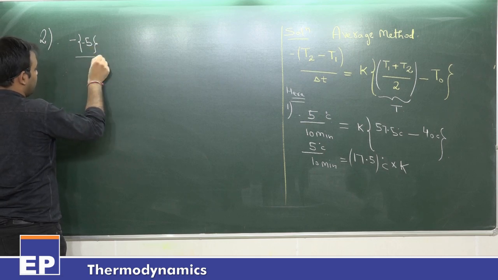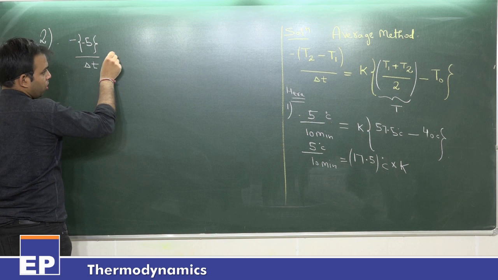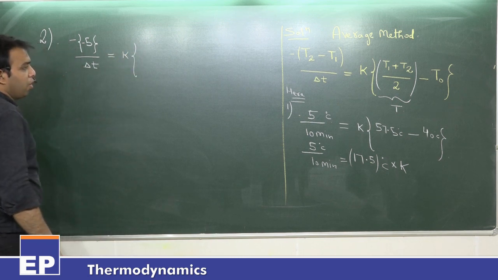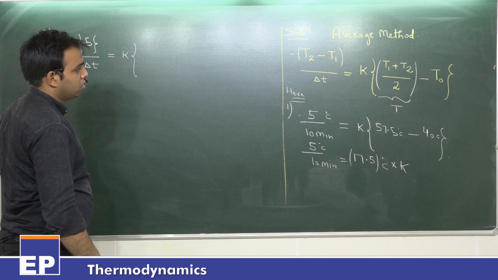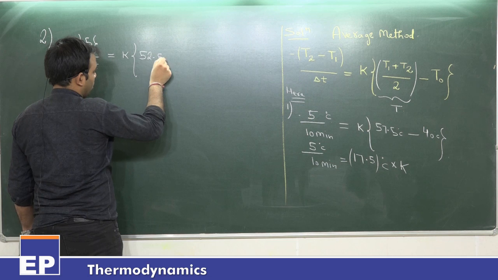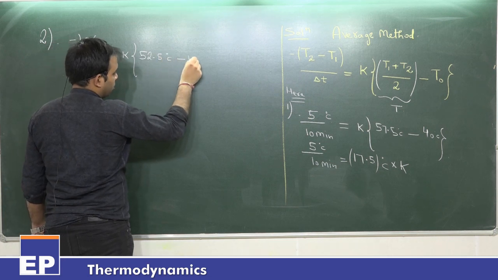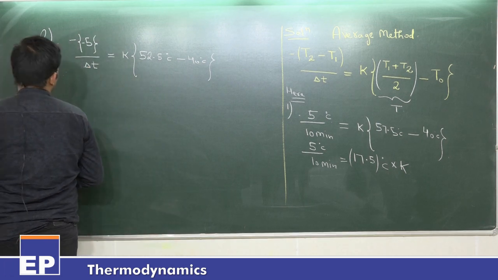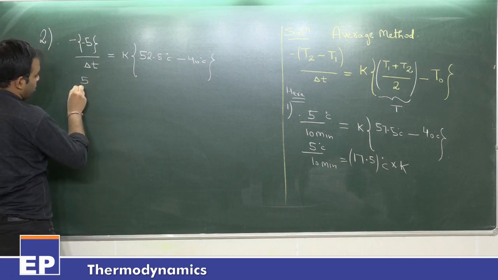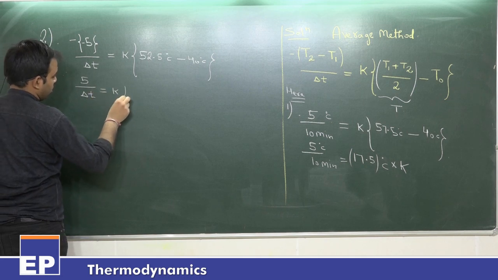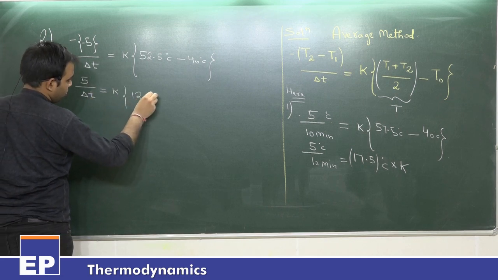Minus 5 by delta T. K times 55 plus 50. 105, that is 52.5. Minus 40. 5 by delta T is K times 12.5.